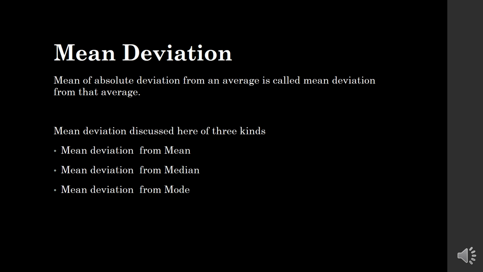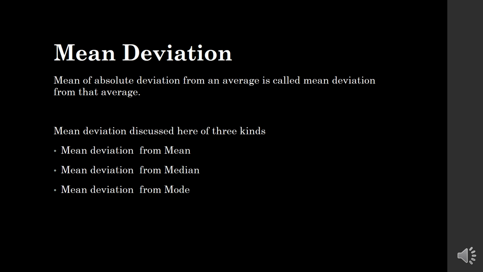As you know, we have different kinds of dispersions which are all used to find out the variation from the data from a particular given point, which is the average. So the mean deviation is the absolute deviation from an average.